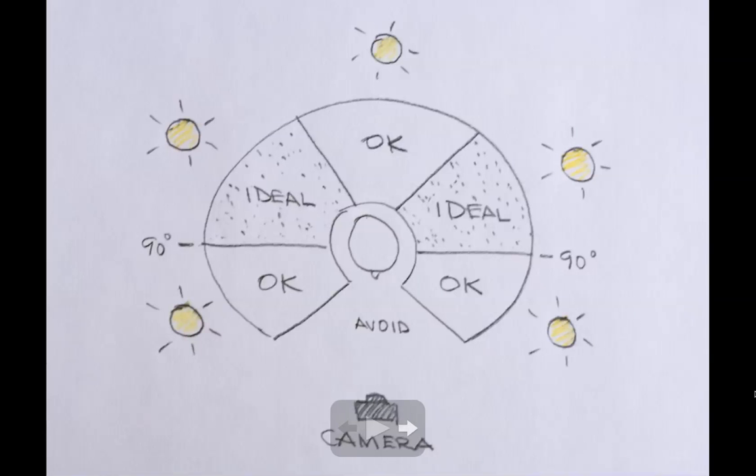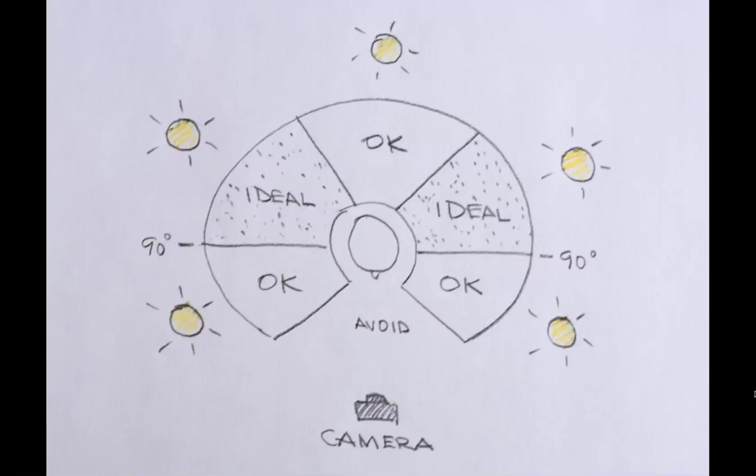I know that sounds a little simplistic, but in fact, this is an illustration of how I think when it comes to the light. The subject is in the center, with their nose pointing at the camera in the lower center, and the sun, of course, can be in any number of areas.